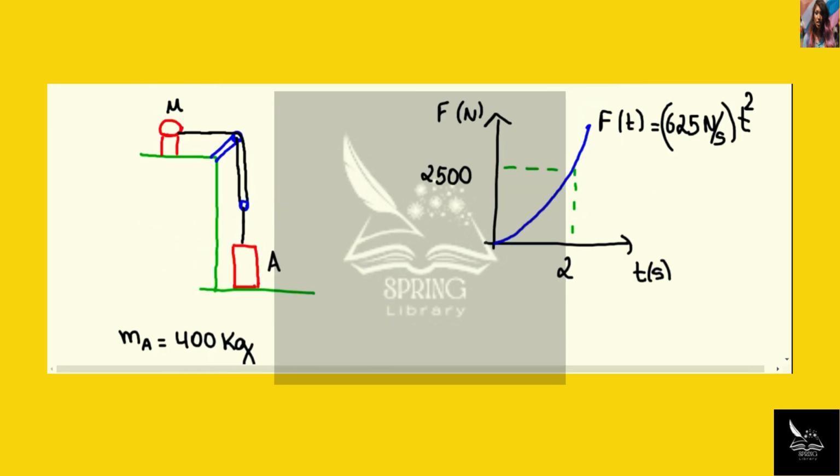So basically, what we have is a motor that has a mass m and is connected to a block A that has a mass of 400 kilograms. And the motor exerts a force on the cable that is given by the graph.